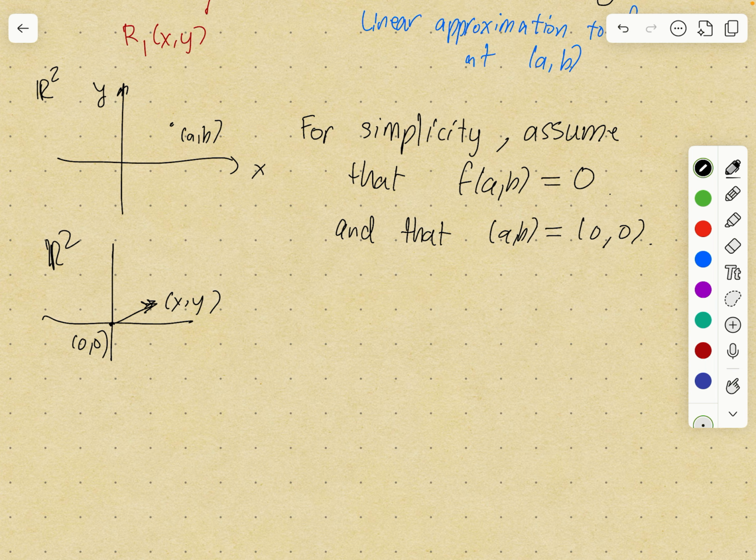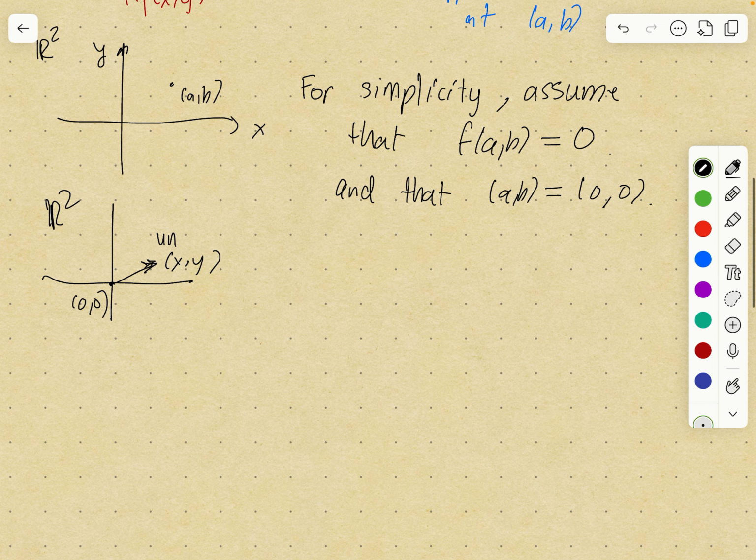Okay. So that's a unit vector. And the question is, what's the rate of change of the function in that direction? Well, that's given by the directional derivative, right?